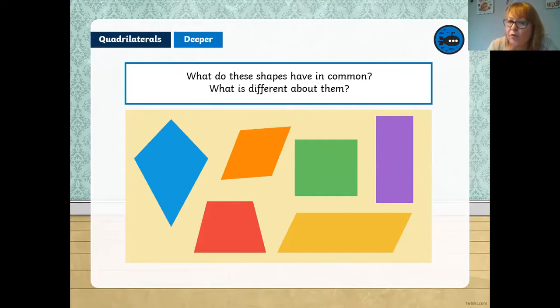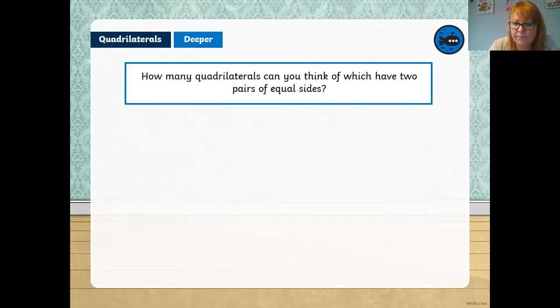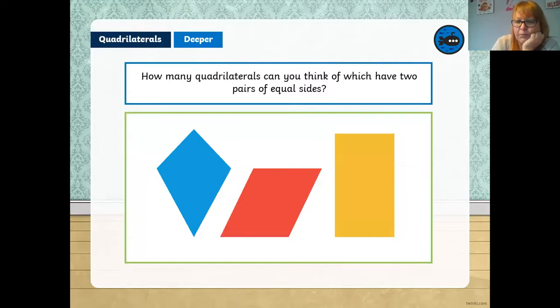But they all have in common that they're all a four-sided shape. What about this one? How many quadrilaterals can you think of which have two pairs of equal sides? Well done.